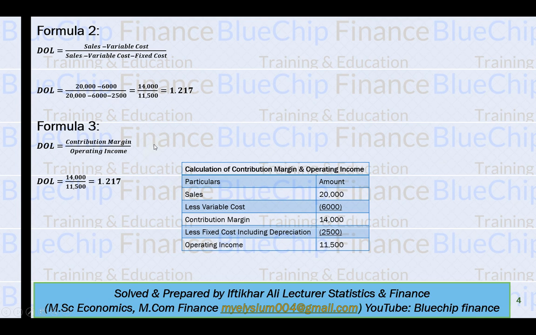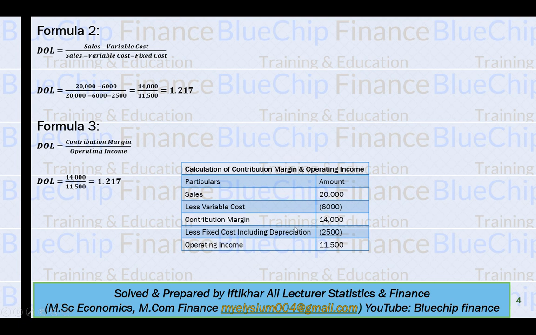And the third formula we are going to use is contribution margin divided by operating income. Contribution margin, as you know, equals revenue minus variable cost. So sales or revenues are 20,000, variable cost is 6,000, and your contribution margin will be 14,000.